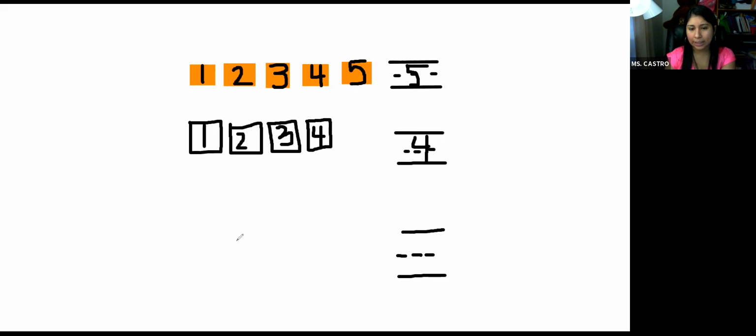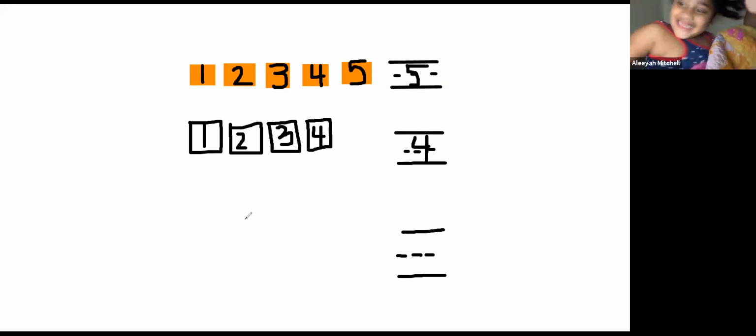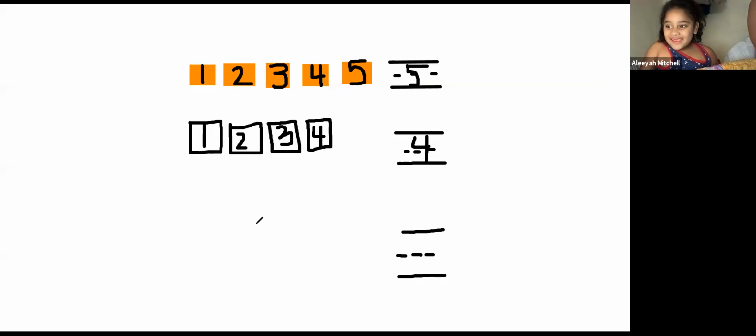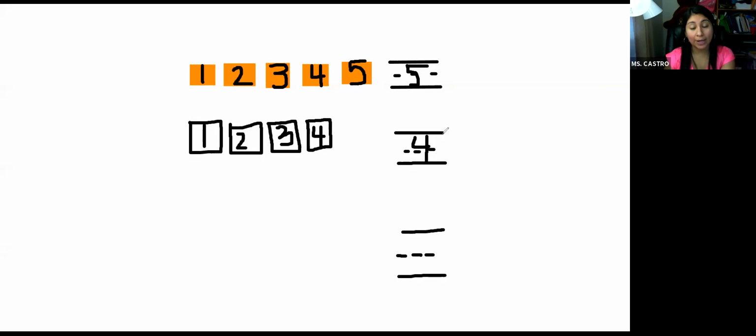Aaliyah? Go ahead, Aaliyah. You there, Aaliyah? Okay, tell me a number that's less than 5. 1. Say it again louder. 1. Very good. You are correct. 1 is definitely a number that is less than 5.